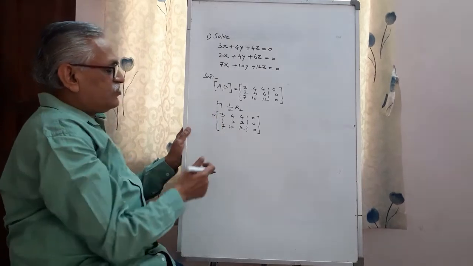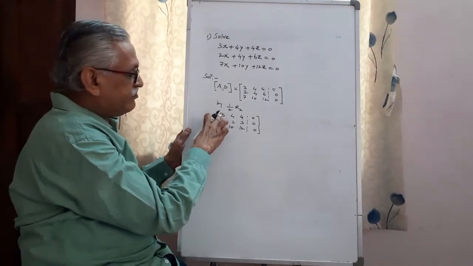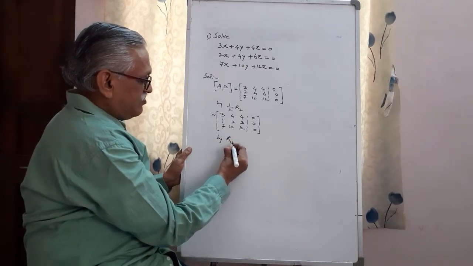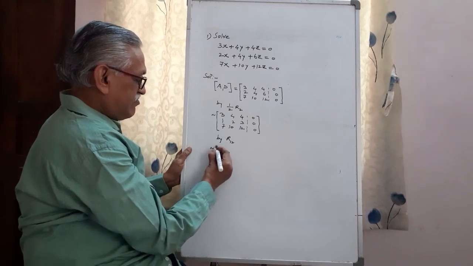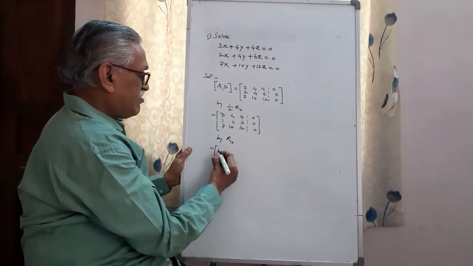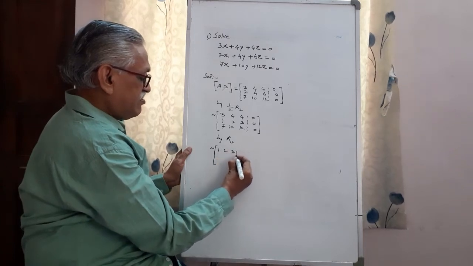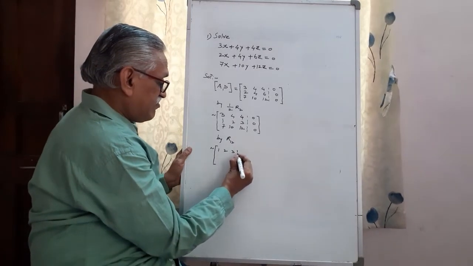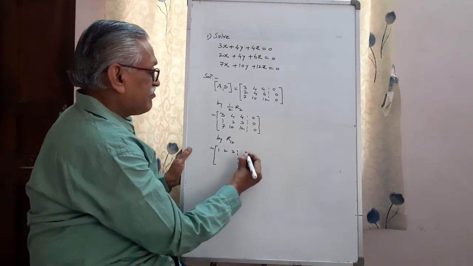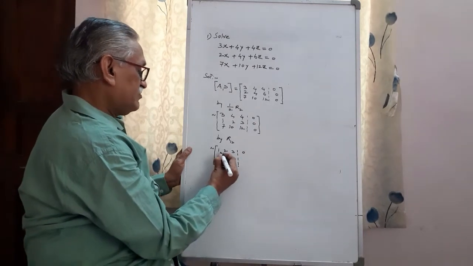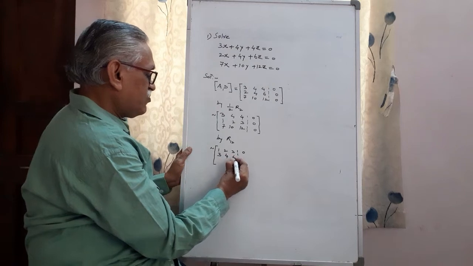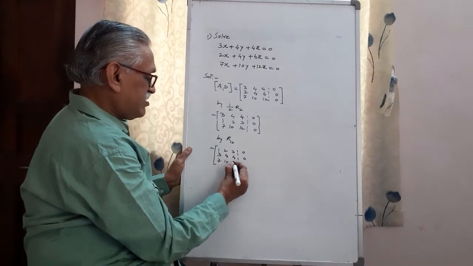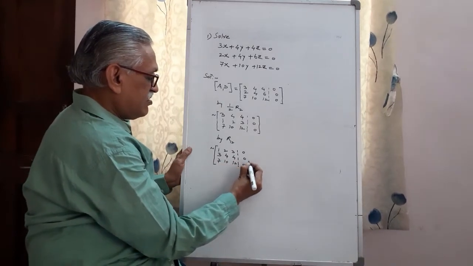Then interchanging these two, so that we get a non-zero element 1 here, by R12. One, two, three, zero. 3 4 4 0, 7 10 12 0.